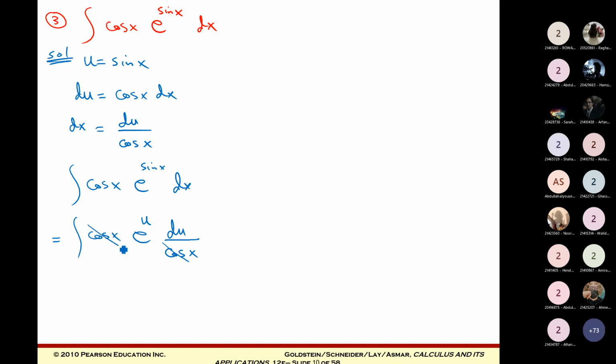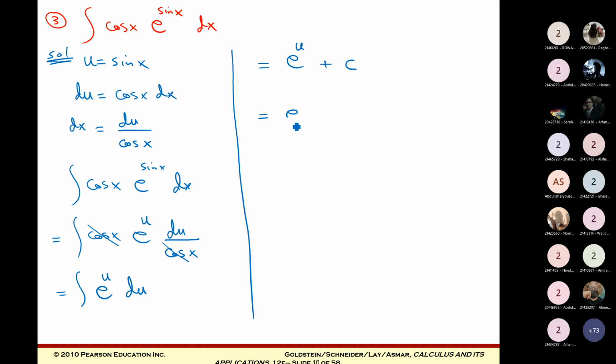We can cancel cosine with cosine, so we have a very easy integral: e to the power u. The integral of e to the power u equals e to the power u. This is the same, plus c. Returning the value of u with respect to x, we have e to the power sine x plus c.